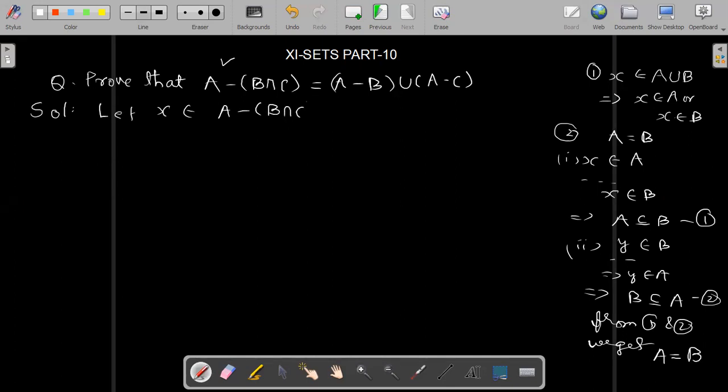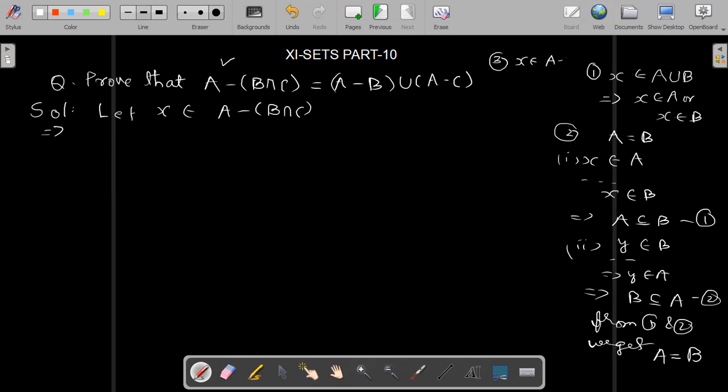So first we will write this. This minus sign will be removed, and all these properties I am again writing so that you can easily refer again.